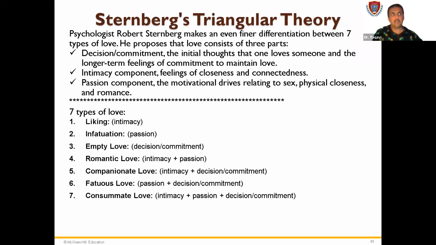And we have some very famous theories about love. We have three famous theories about love in psychology. The first one is the triangular theory, by Robert Sternberg, one of the greatest and most famous psychologists all around the world. I think for 2 years he was the president of the American Psychological Association.